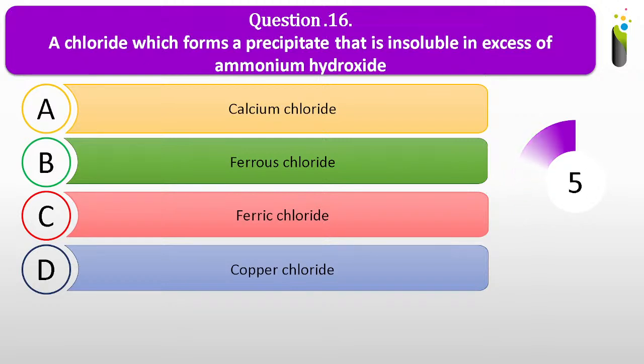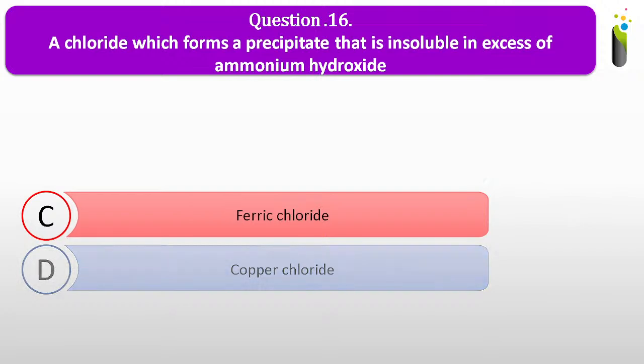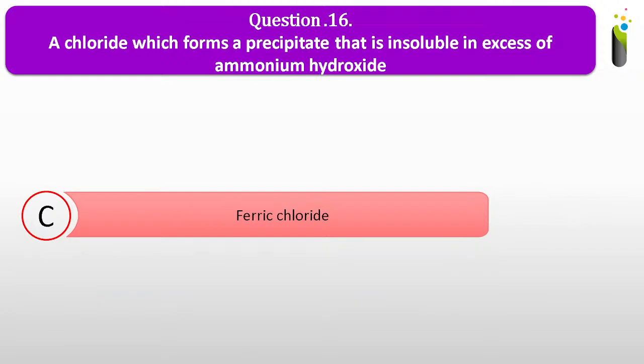So the correct answer for question number 16 is C, ferric chloride. So ferric chloride forms a precipitate that is insoluble in excess of ammonium hydroxide.